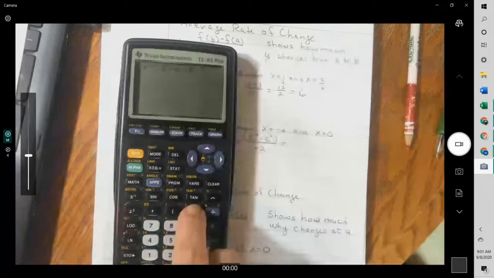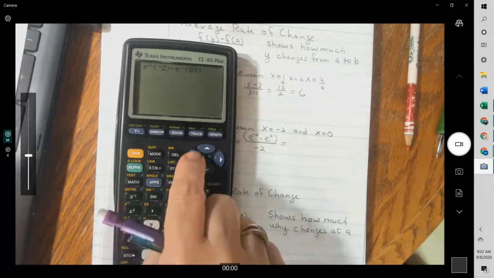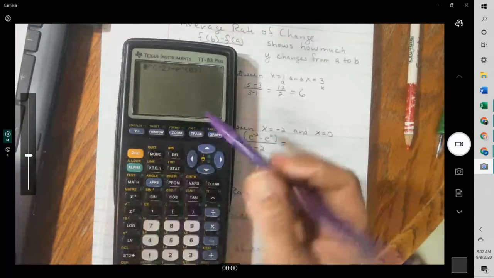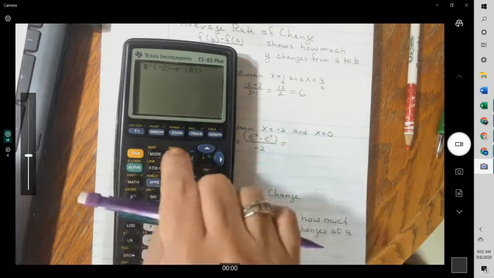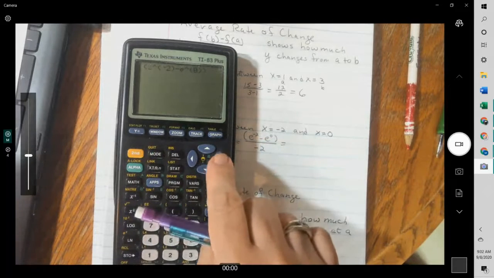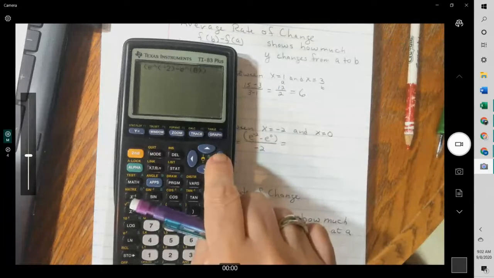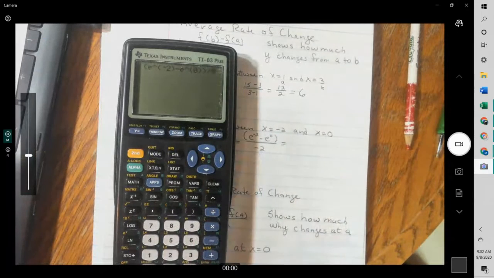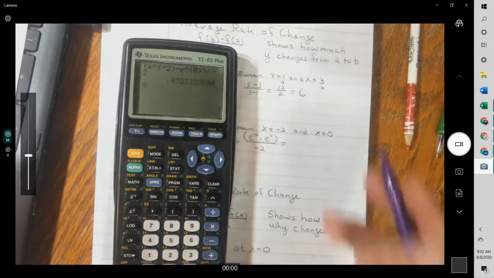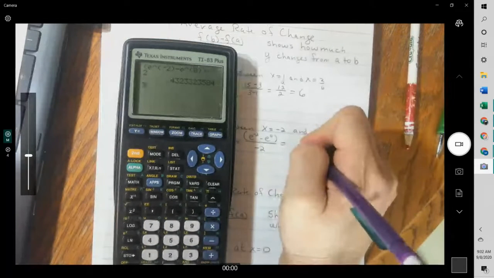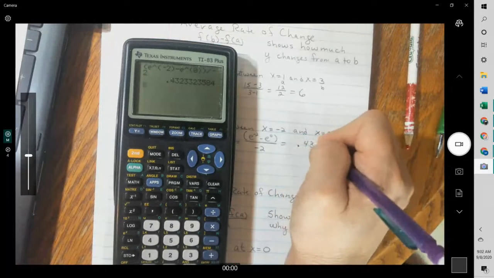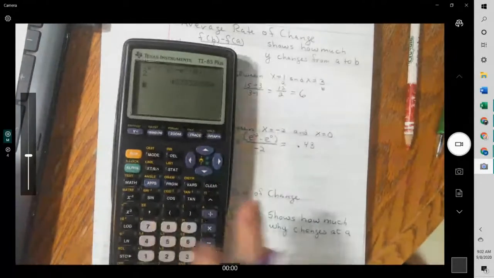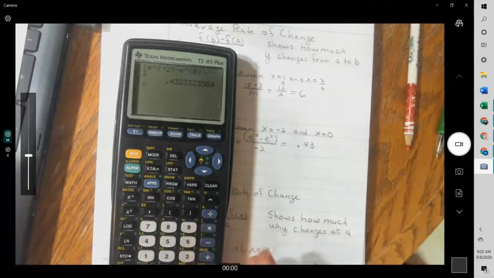If you forget, you go back, and you can do second and insert. Up there's insert, and you can put your parenthesis. Now I have a parenthesis around the whole top. I can divide by the -2. 0.43. We'll go 2 decimal places. So that increases by 43 hundredths.